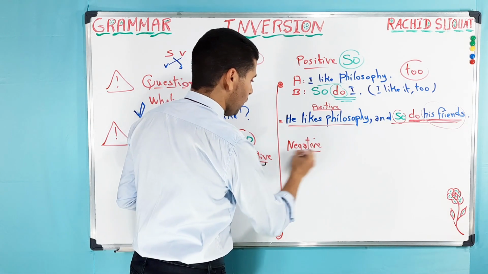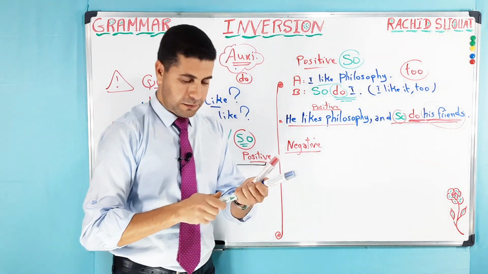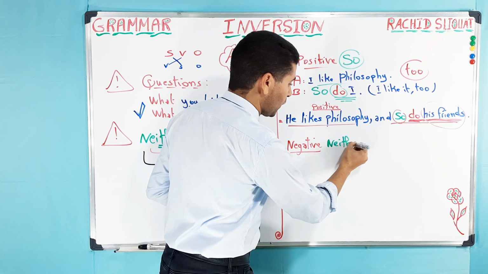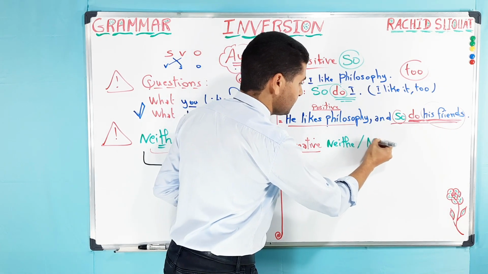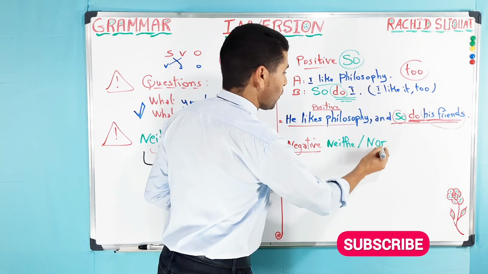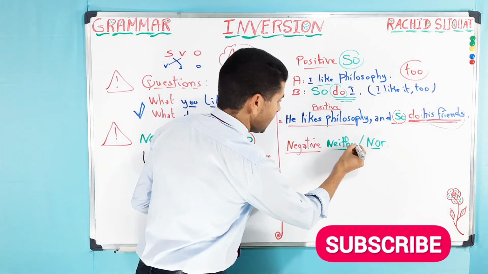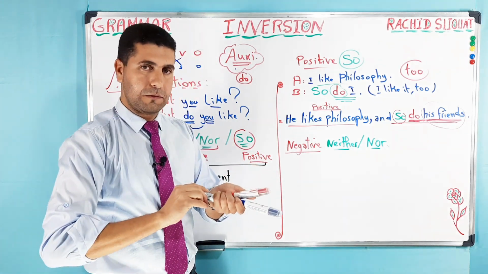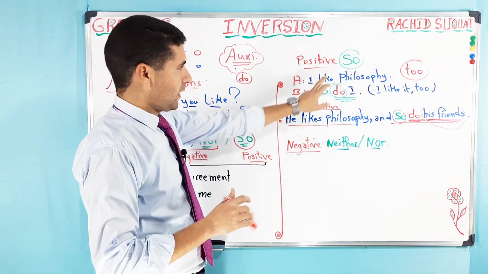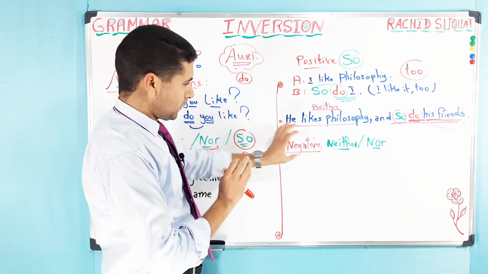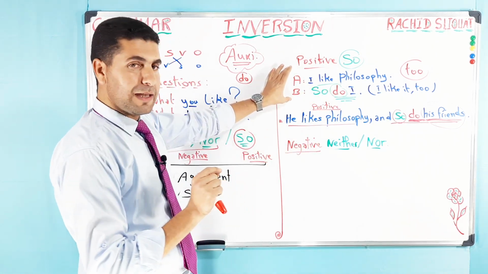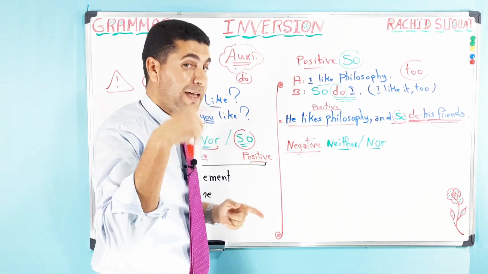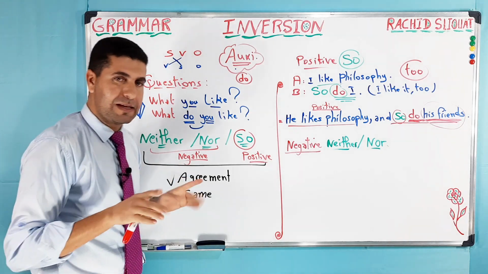When we talk about negative, here we are talking about either, neither or nor. Both of them have a negative sense. Again, the same as "so", we can use it in short dialogues or short conversations with short answers to show agreement and sameness.